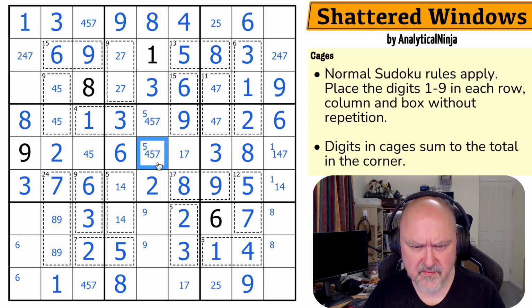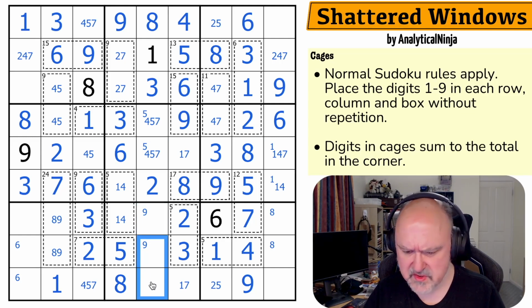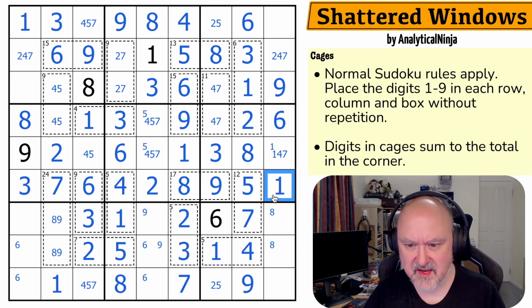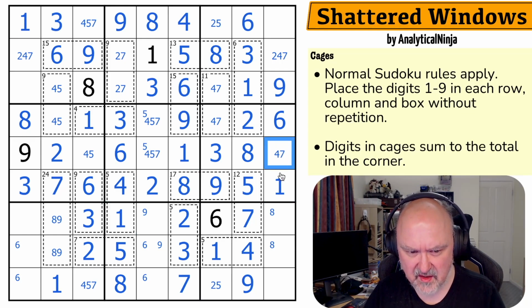That's 4, 5, or 7. So I've got to put a 6 in one of those two. This 1 is making that the 7, which is making that the 1, which is making that the 4 and that the 1. The 4 is looking across, making that the 1, taking 1 out of there.